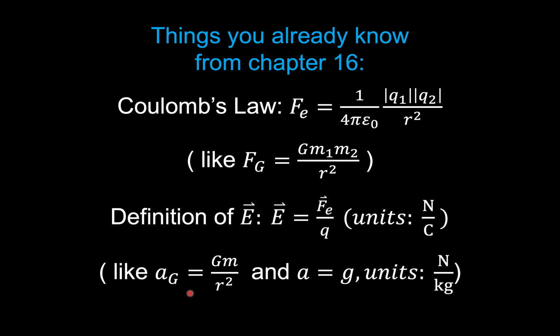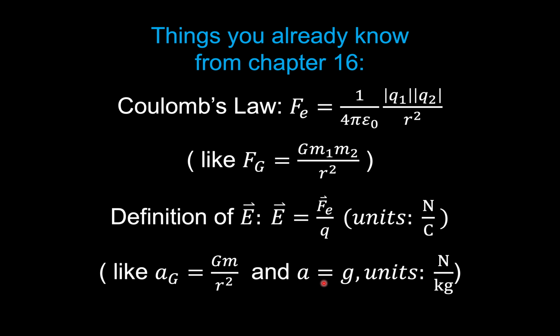In that way, we could think about this gravitational acceleration as the gravitational field strength, and we could see that the units are newtons per kilogram. If we think about here, we have a force measured in newtons, and if we divide out one of the masses, we would have that force divided by kilograms.